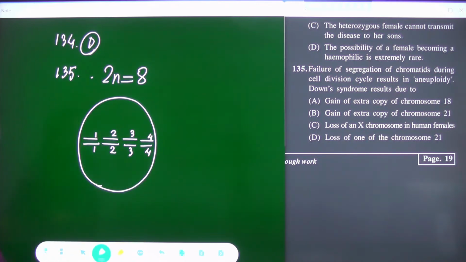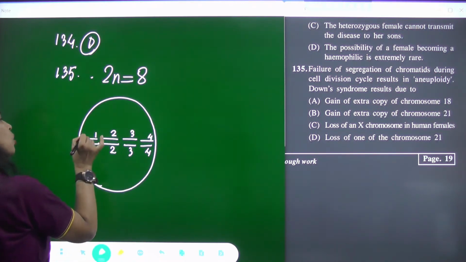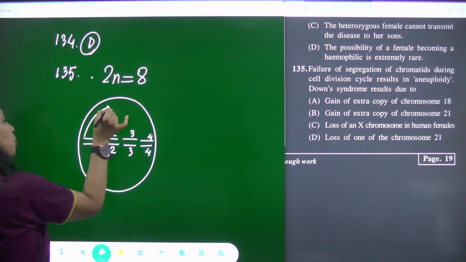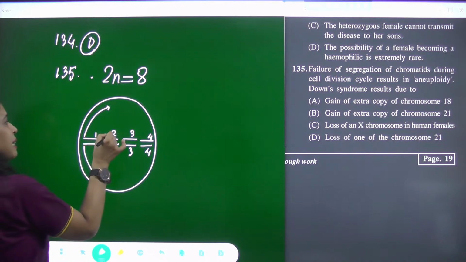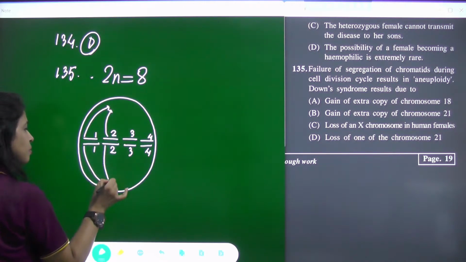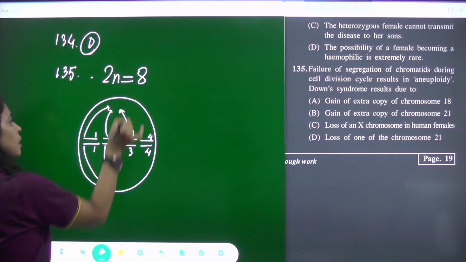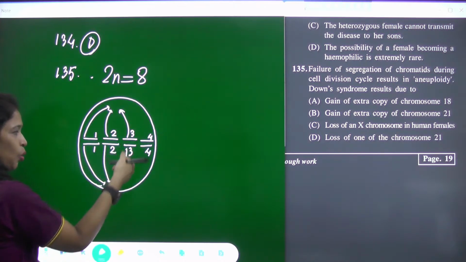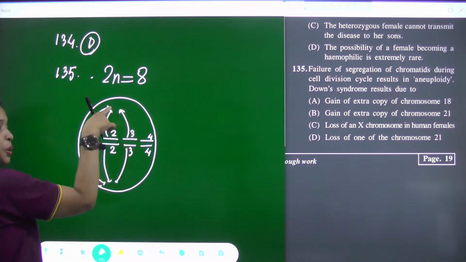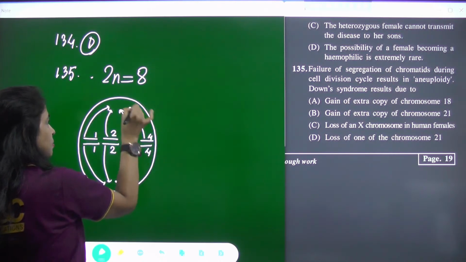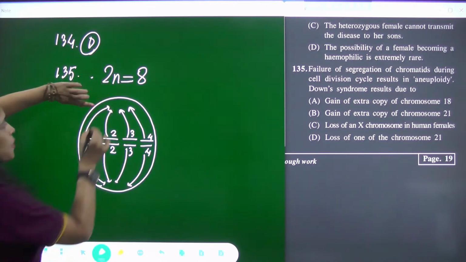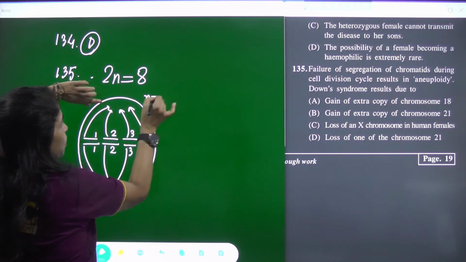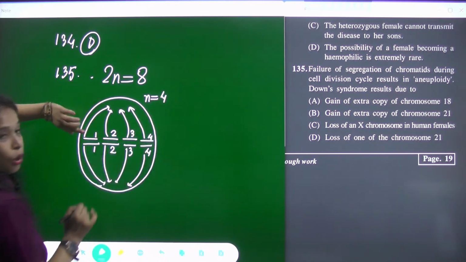So during the anaphase what will happen? One chromosome of the pair moves to one pole, other to the opposite pole. Same for the second pair also. ठीक है? Same for the third pair, one chromosome to this pole, other to opposite pole. Right? So that gamete which is formed on this side will have how many chromosomes now? 4.